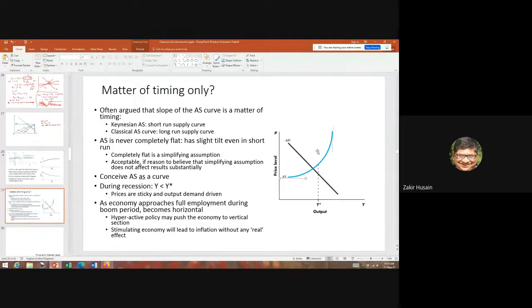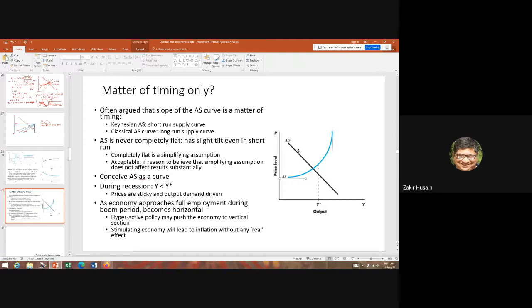If you adopt a very hyperactive policy, the problem is, instead of stopping at this point, you may reach this point. And if you continue stimulating the economy, there will be no real effect, in the sense that output will not increase, but you will have inflation. Prices are going to go up very sharply.